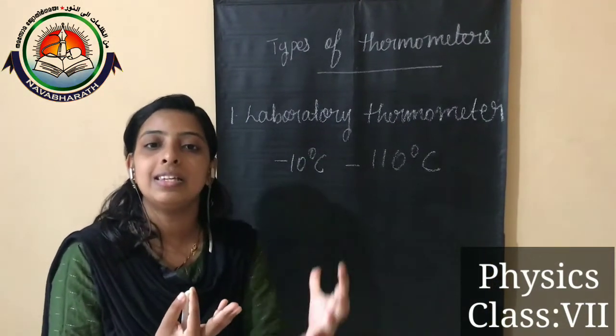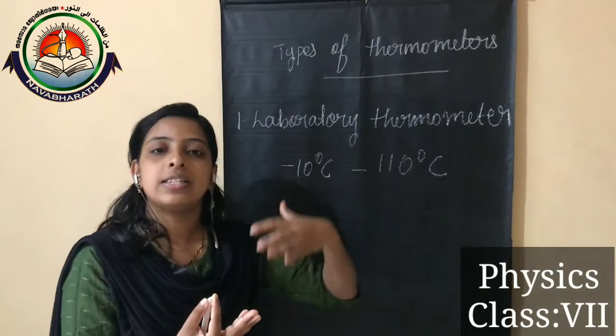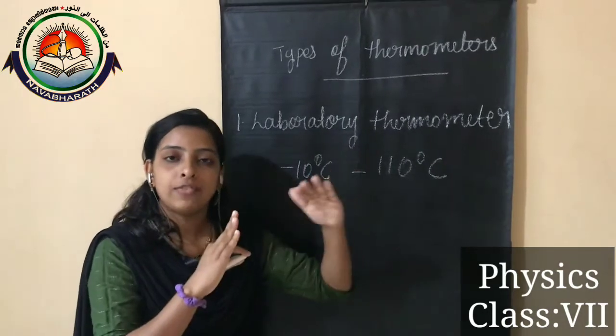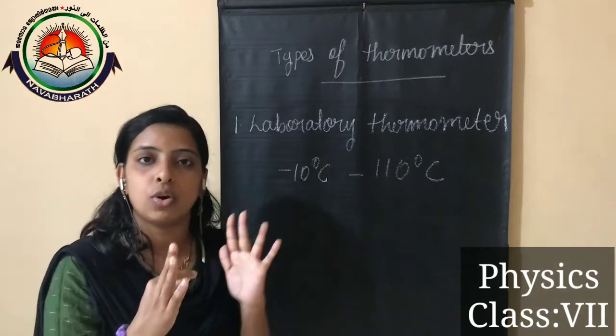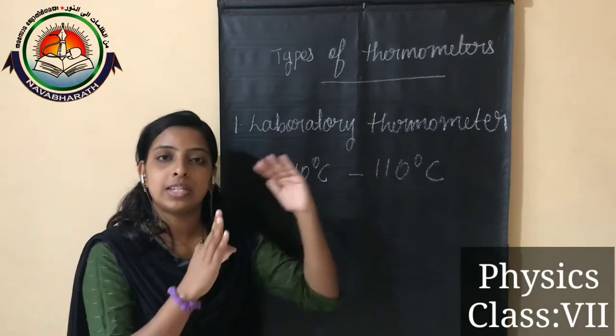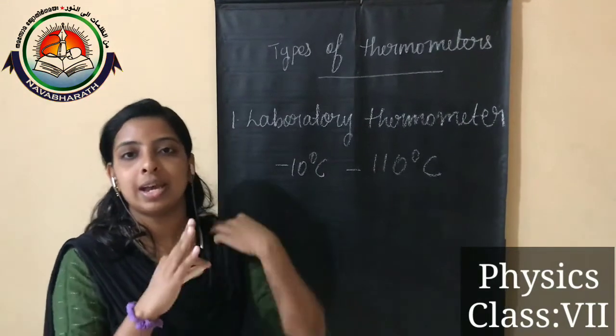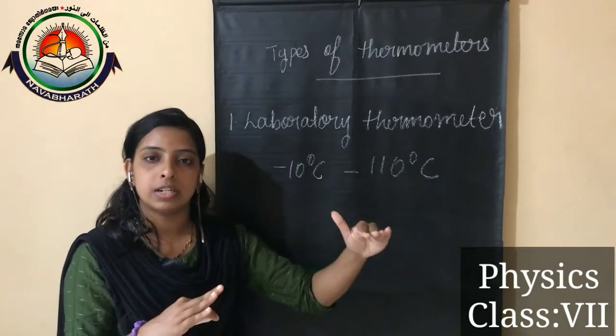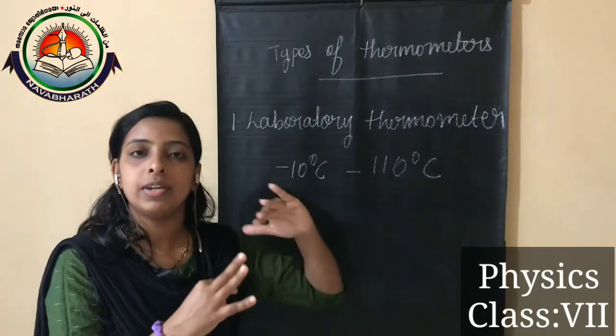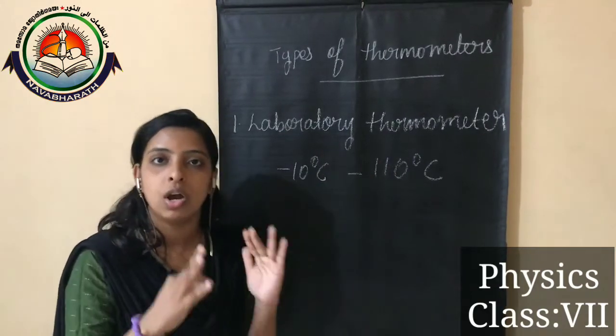Expansion means increasing the volume. It rises up, and after some time it stops rising. That means when the temperature of the hot object equals the temperature in the capillary tube, it stops rising. At that time we can read the temperature, so we can measure the temperature of the hot water.